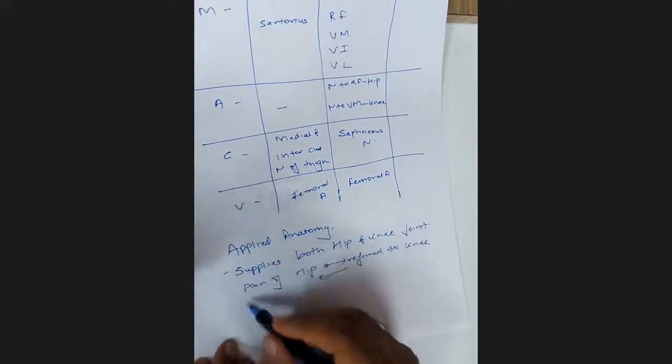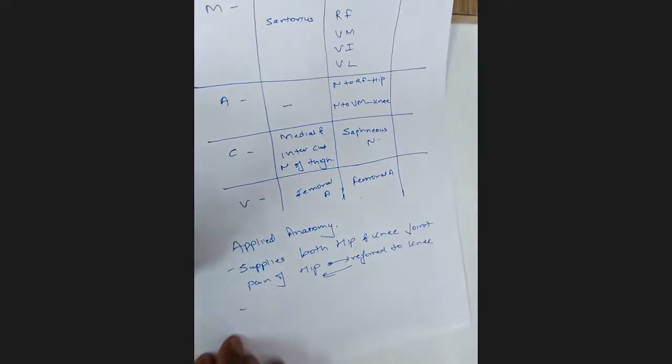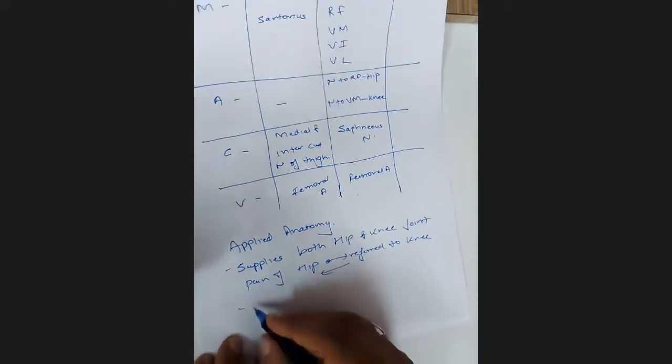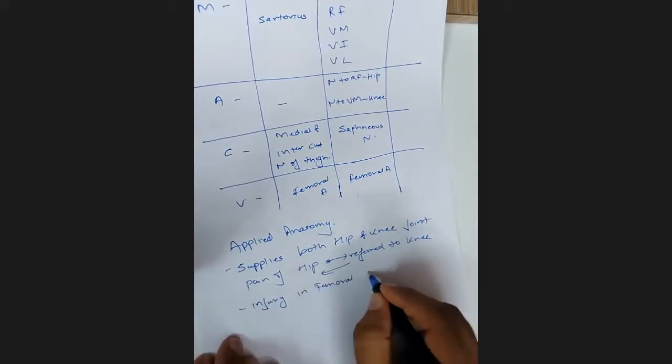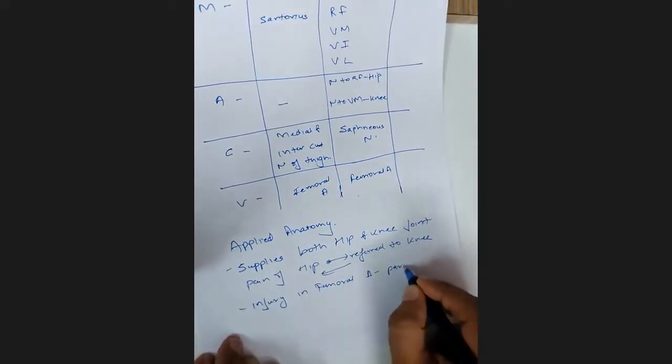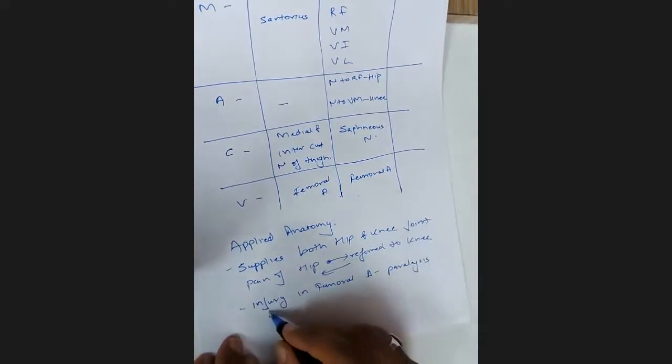Okay. Another thing is injury in the femoral triangle. Injury in the femoral triangle can injure the femoral nerve and cause paralysis of quadriceps femoris.